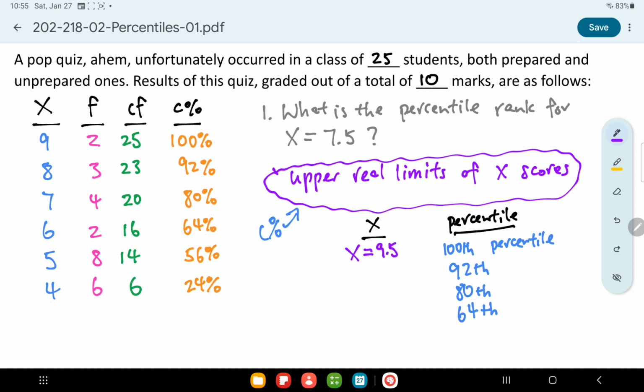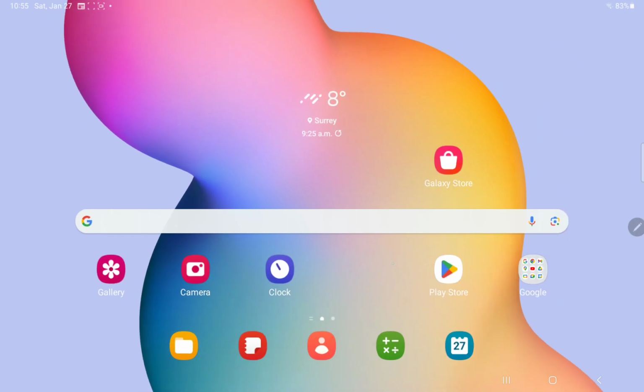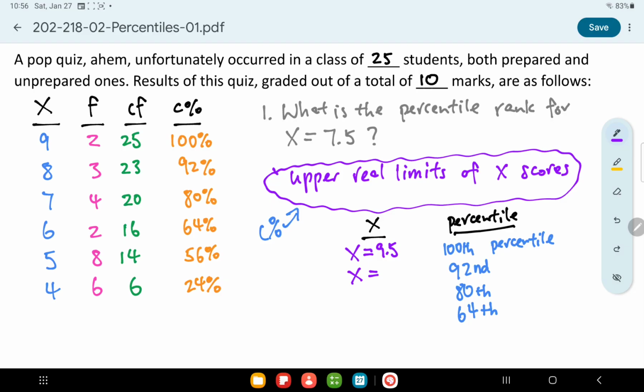The 92nd percentile then is x equals 8.5. 80th percentile, x equals 7.5. 64th percentile, x equals 6.5.